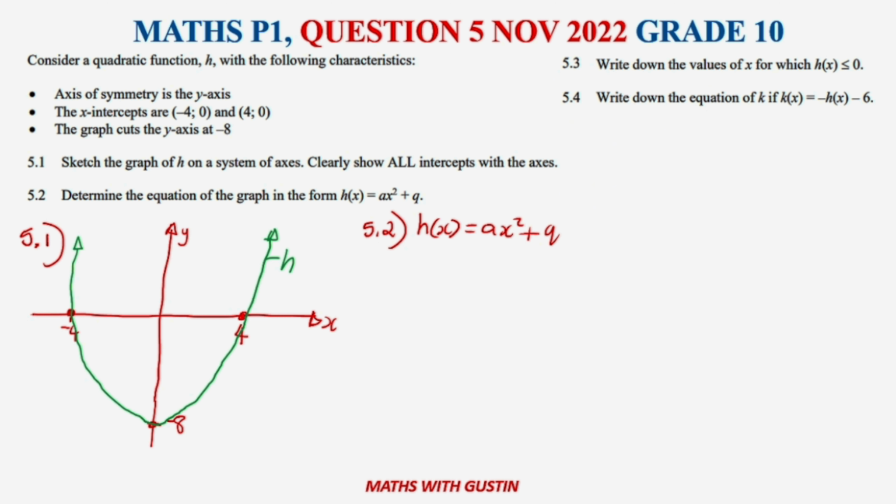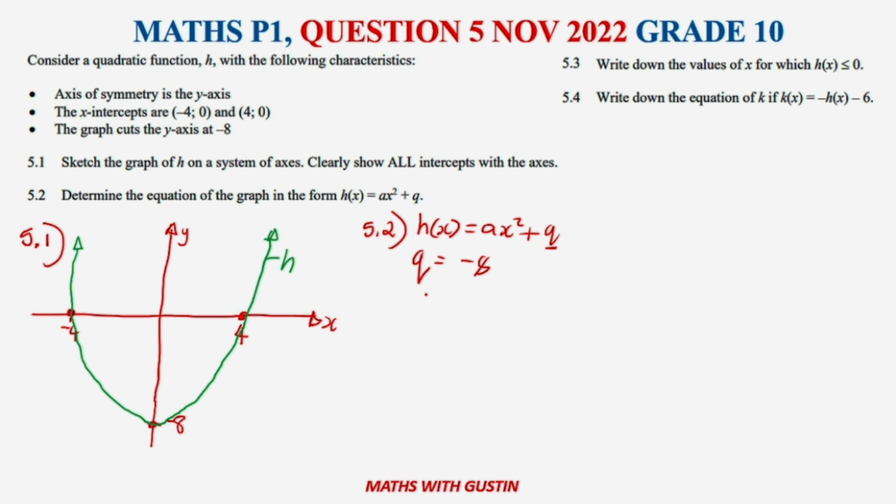Based on what is given to us, we can choose any point. We know that q is the y-intercept, which we get when x is equal to 0. If x is 0, everything else will be 0. Therefore, it simply means that q is going to be equal to -8.